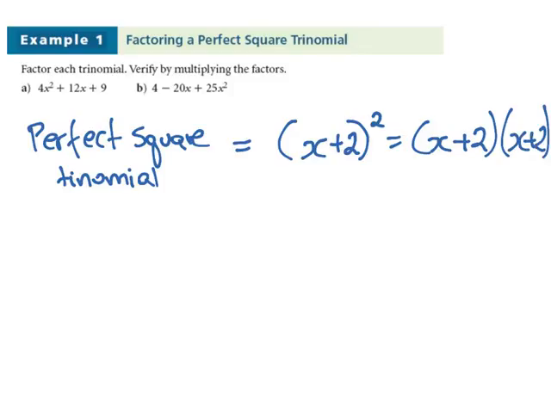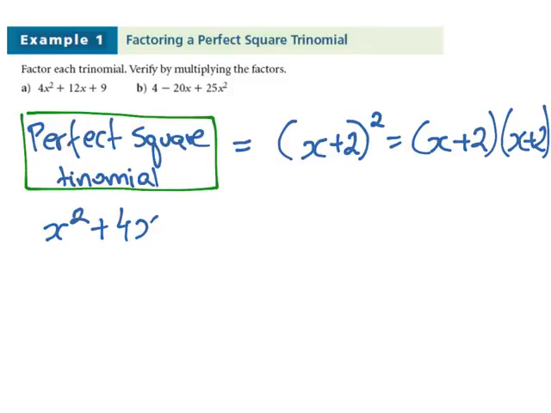Now the perfect square trinomial is actually what comes before factoring. In this example, x squared plus 4x plus 4 is equivalent to x plus 2 squared.